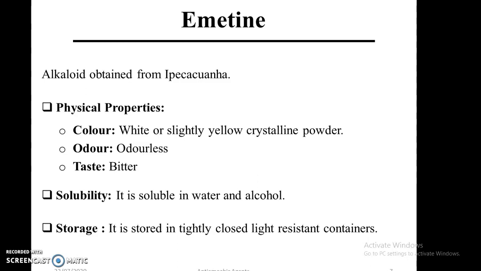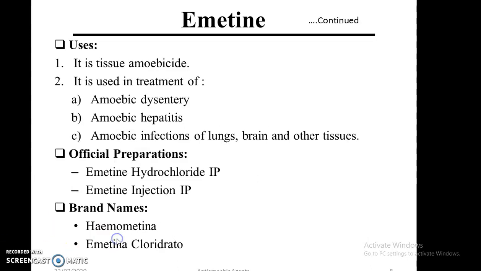It is soluble in water and alcohol. Storage condition for emetine is that it should be stored in tightly closed light resistant containers. Uses: emetine is used as a tissue amoebicide because it kills the amoeba.